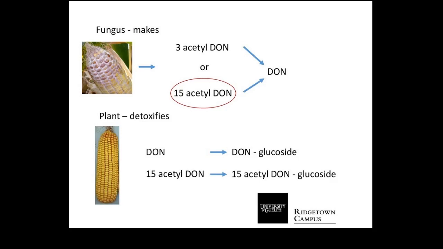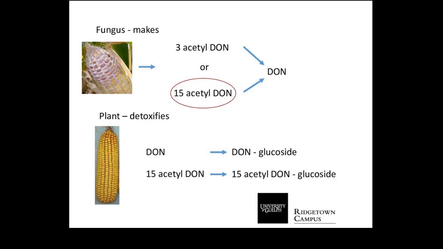And right now, we're mainly just testing for DAWN, and I'll explain to you in the next slide once I get there why it's important to think about these others. And then the plant is also doing something. DON and 15-acetyl-DON are both converted to a glucoside.